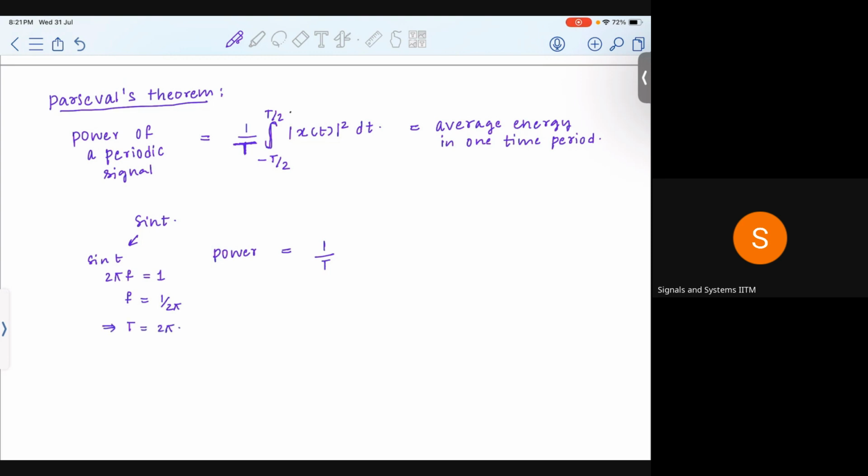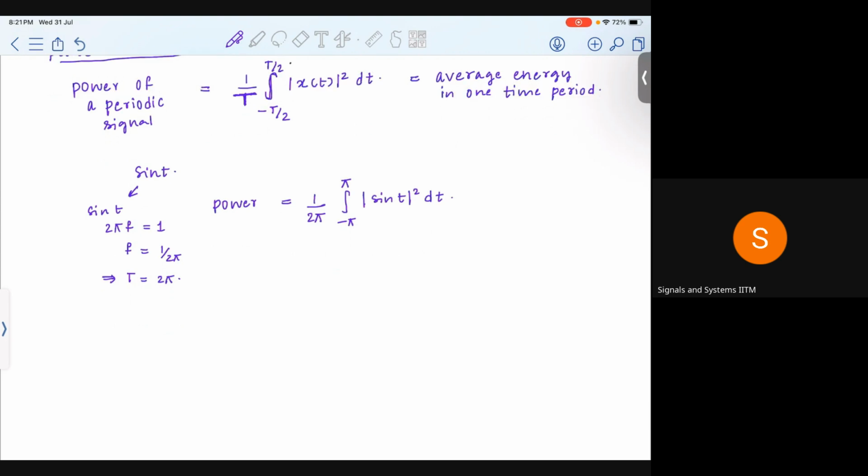So the time period of this signal is 2 pi, and the power is 1 by 2 pi integral from minus pi to pi of mod sine t square dt. This is how we were evaluating the power earlier.